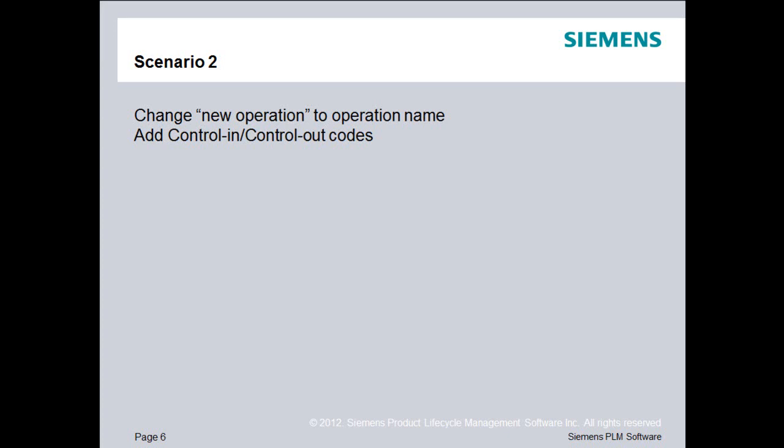In scenario 2, we'll change the word new operation to the actual name of the operation itself by grabbing the value of the variable that holds the operation name. We'll also add control in and control out codes so that we're surrounding the message with the message characters.